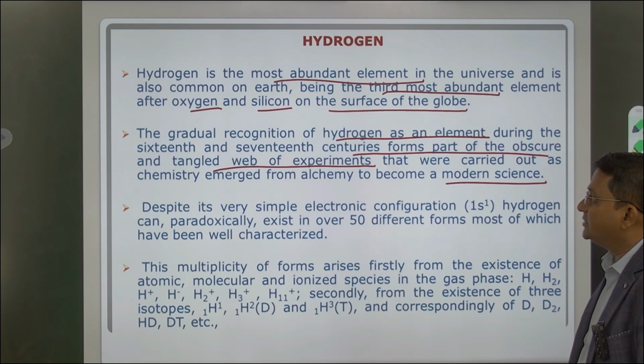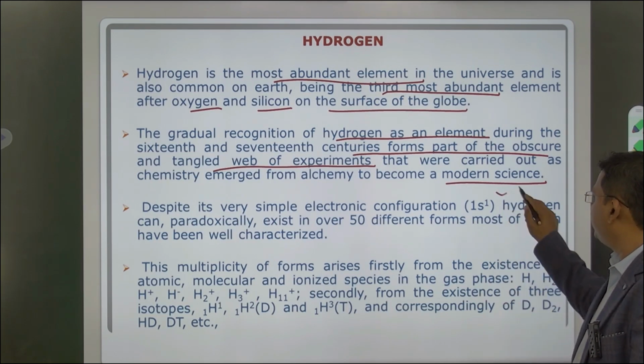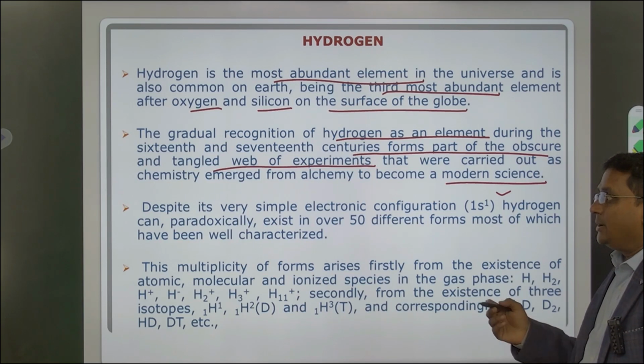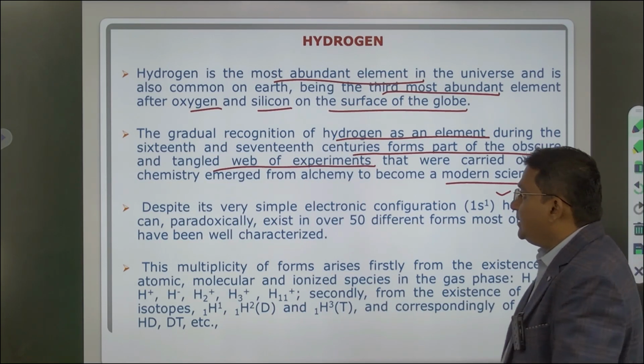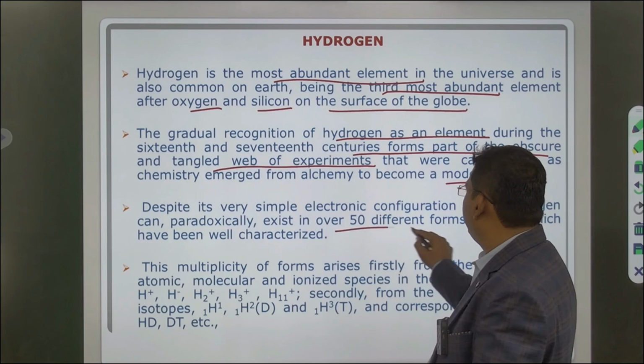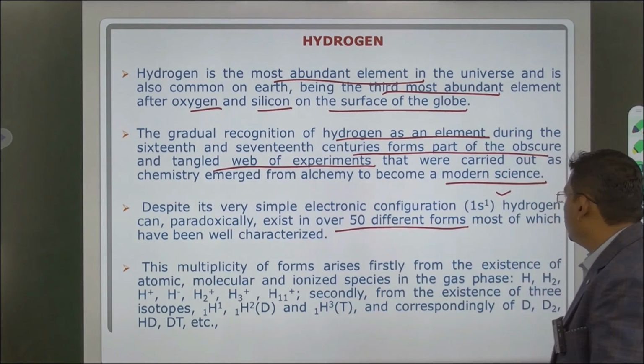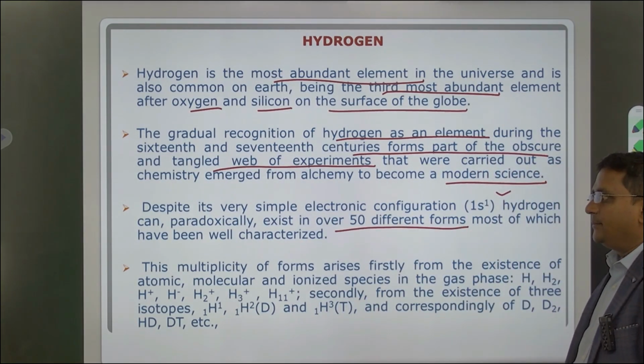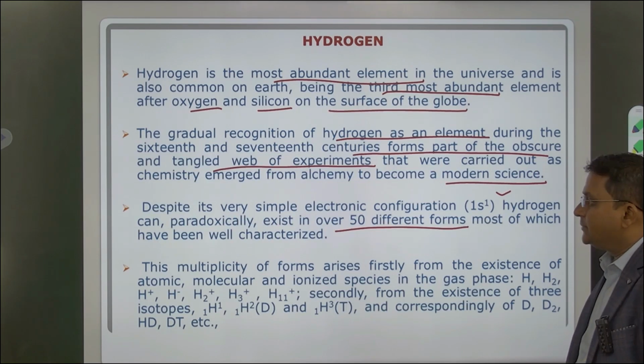Despite its very simple electronic configuration, hydrogen can paradoxically exist in over 50 different forms, most of which are well characterized.